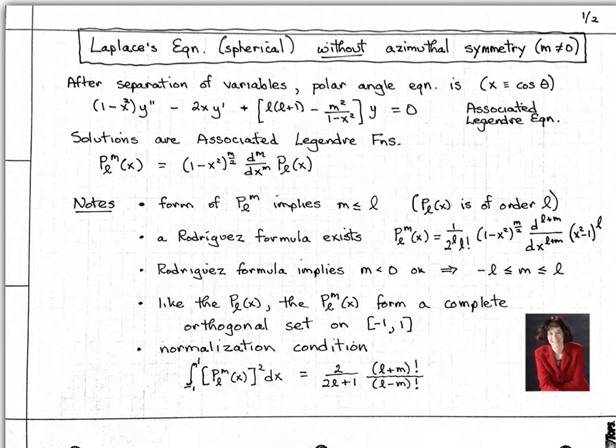What I'd like to do now is go through a few notes about the associated Legendre functions that are similar and parallel to the ones that we talked about for the Legendre functions.